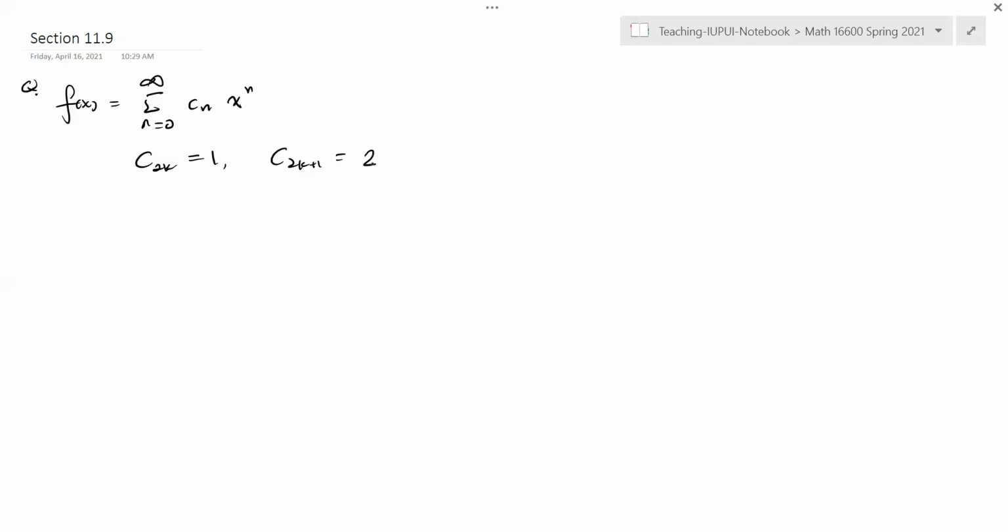If the series converges to some number for x, then you get the value of f(x), so the function is defined.